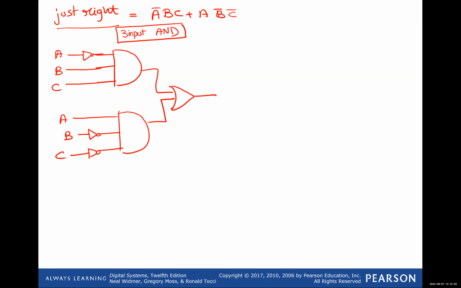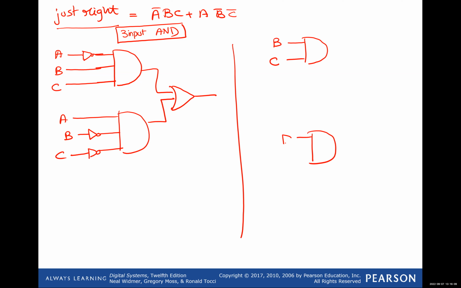Now, if you don't want to use the 3-input AND gate and you just want to use the 2-input that you're used to, then I can implement it in this form. So I will have BC together. Okay, and also I will have the B complement and C complement ANDed together. Okay, and then, so this is the BC.